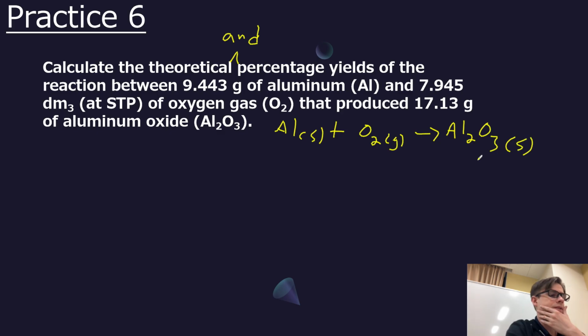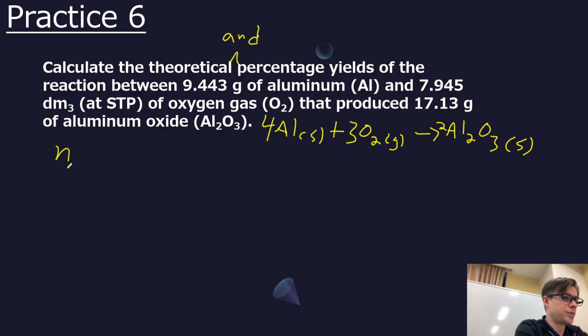To balance this, I think we're going to need 3 oxygens, 2 Al2O3, and 4 aluminum metal atoms. So our ratio is 4 to 3 to 2, a little bit more complicated than the previous ones. But the steps you'll follow are essentially the same.